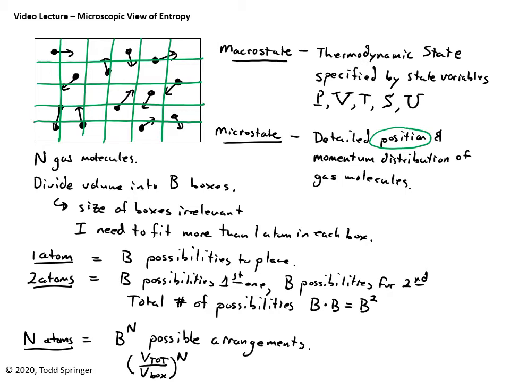Because the total volume, V, maybe I can write it up here, is B times the volume of a box. So the total number of ways that I can arrange the atoms goes like V to the n. That's really the key point. So it's proportional to the volume to the nth power, where n is the number of atoms.